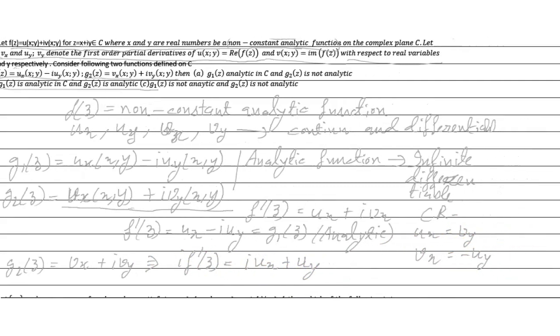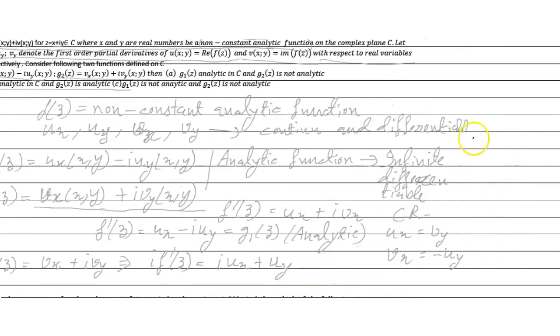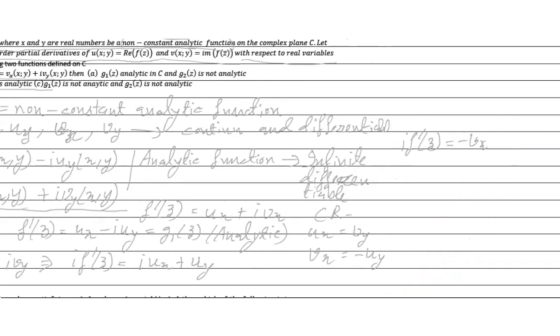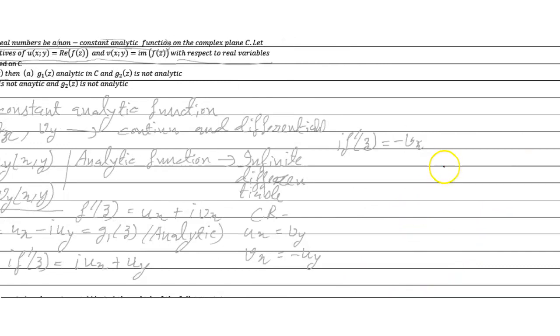So this value equals i f dash z, which is equal to i u_x minus u_y, which is equal to minus v_x, and i u_x is equal to v_y.